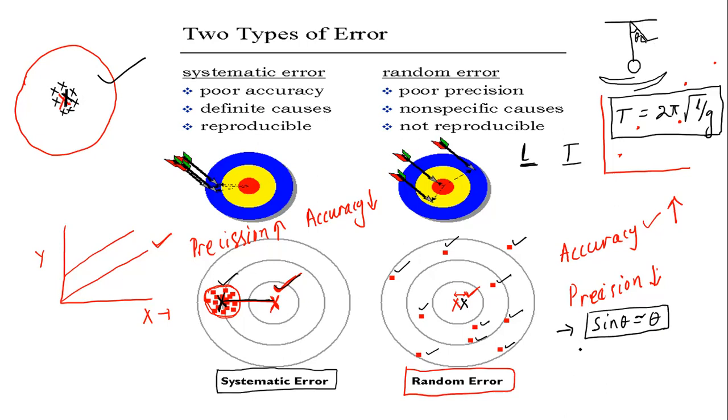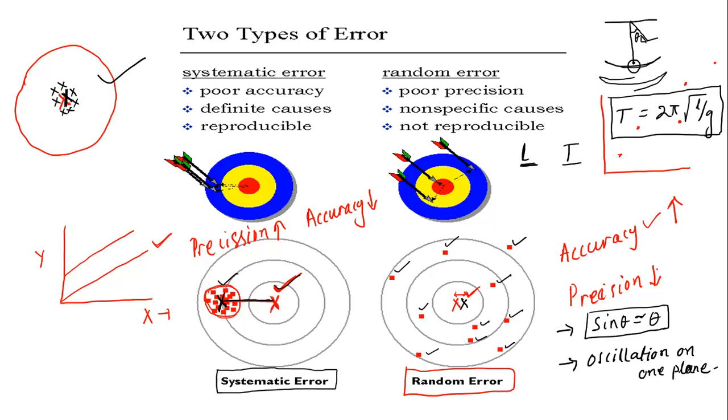Then second, this oscillation should happen on one plane. It should not change planes. That is also an assumption that was taken, oscillation on one plane, which may not happen, and you have to be very careful about that.